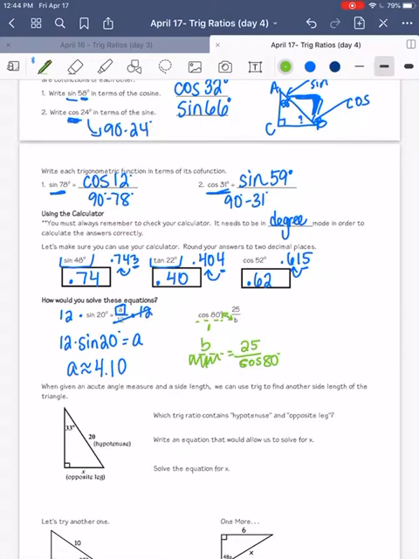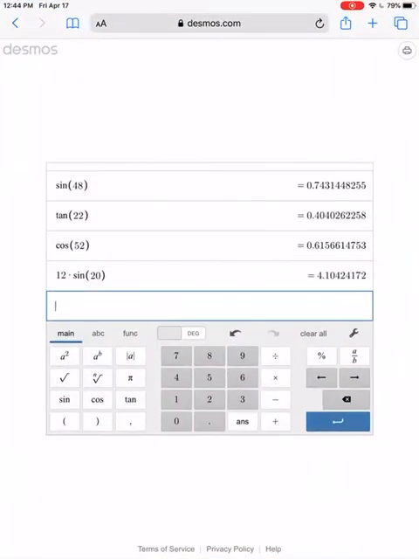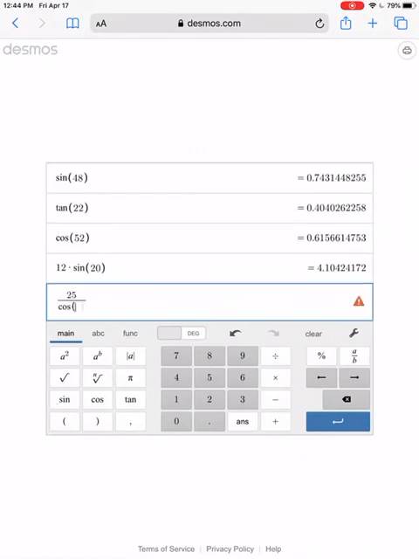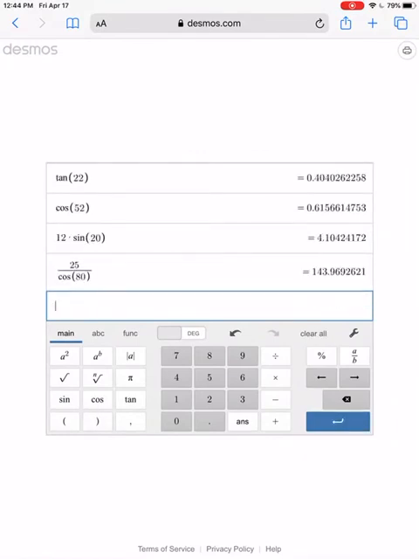You don't really have to have it. And so it'll be B equals 25, and then that bar means divide, right? The fraction bar, cosine 80. So let's type that in. So 25 divided by cosine 80. And let's hit enter. And that's a big one, but that's okay.